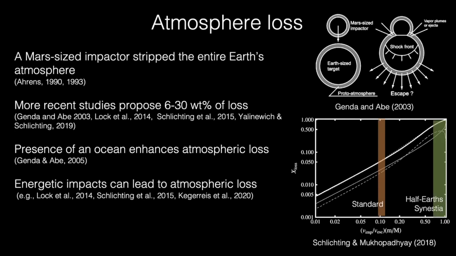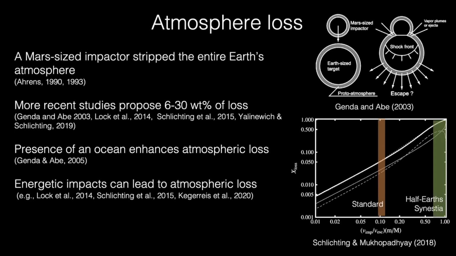The details depend on the model, but about 60 to 38% of the atmosphere will be lost. In other words, the majority of the atmosphere can remain on the Earth. And also the presence of an ocean enhances atmospheric loss.